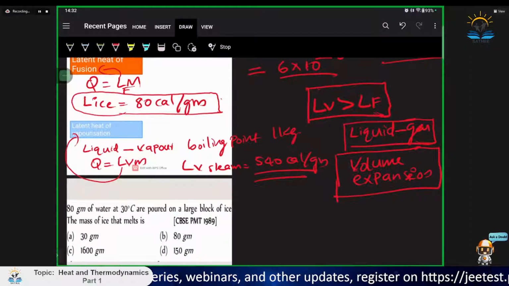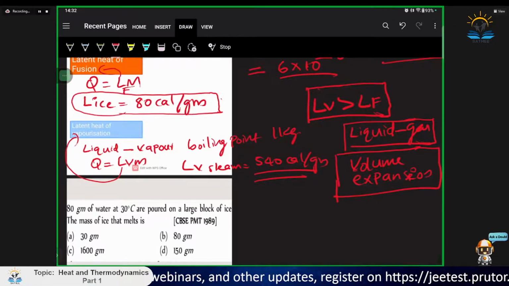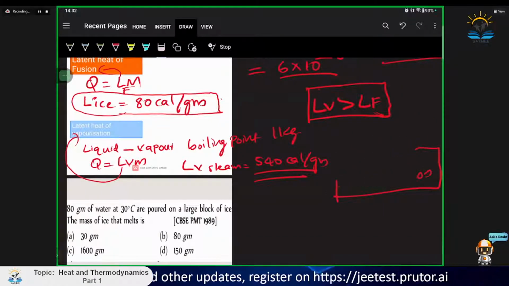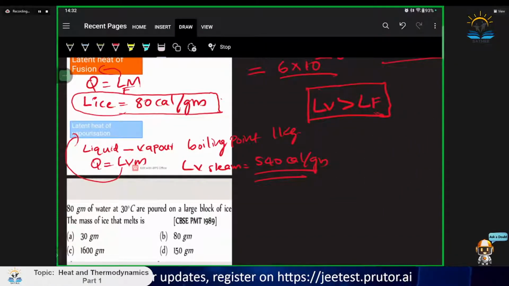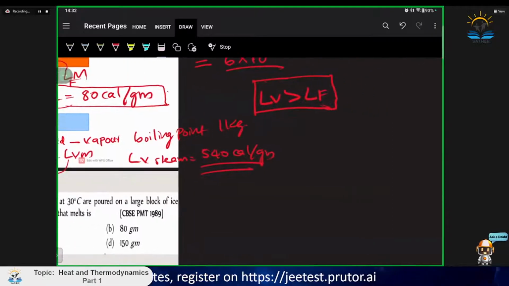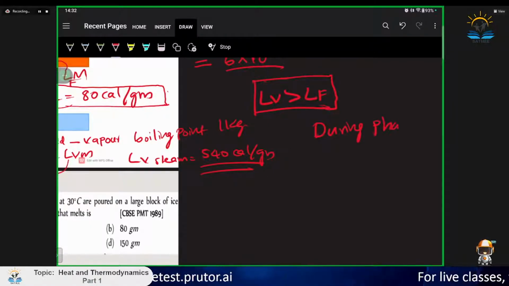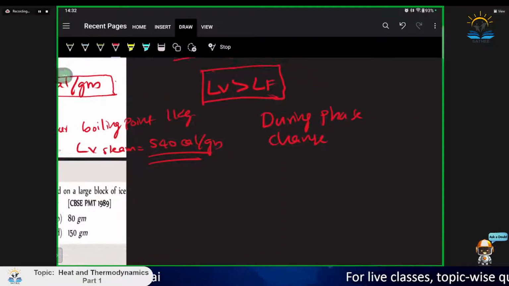Okay. One more point everyone should know: during phase change, there won't be any increase in temperature.